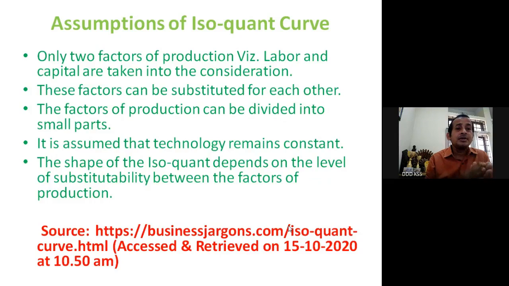Then the shape of the Isoquant curve depends on the level of substitutability between the factors of production. That means how many units of labor or how many units of capital we are considering, and based on that the shape of the Isoquant curve will depend.